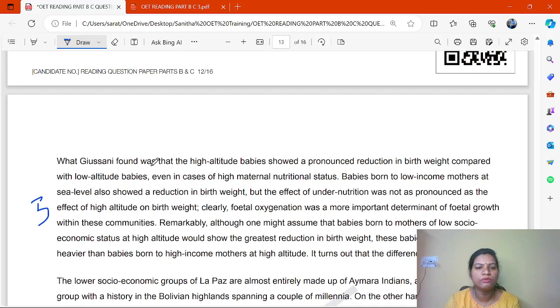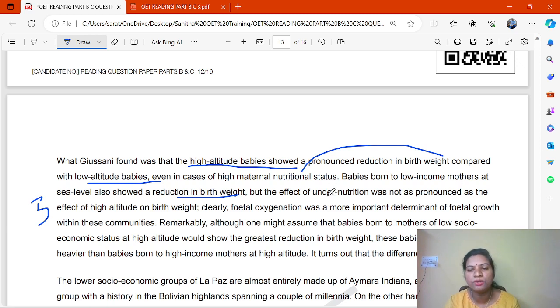What Gusani found was that the high altitude babies showed a pronounced reduction in birth weight compared with low altitude babies, even in case of high maternal nutrition status. Babies born to low-income mothers at sea level also show a reduction in birth weight, but the effect of undernutrition was not as pronounced as the effect of high altitude on birth weight.